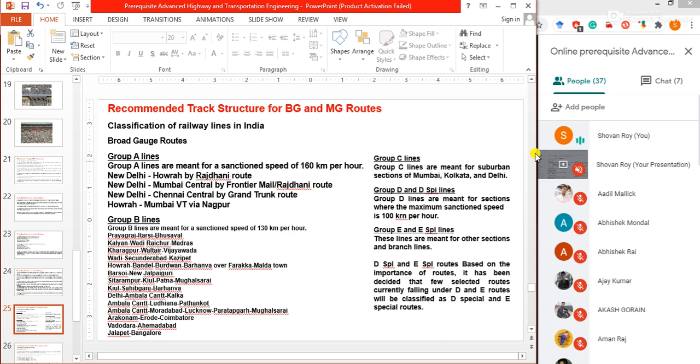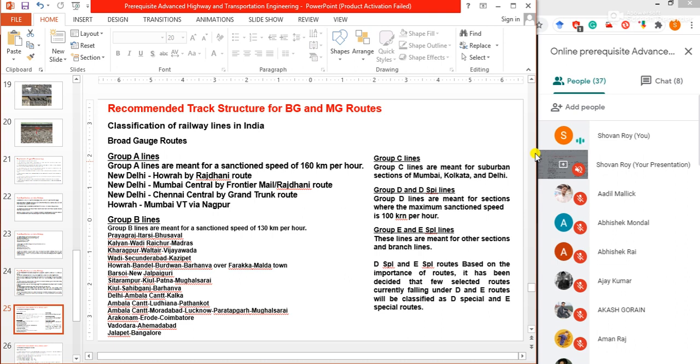Prayagraj, Itarsi, Bhusawal, Kalaburagi, Wadi, Raichur, Madras, Kharagpur, Walter, Vijayawada, Secunderabad, Kazipet, Howrah, Bandel, Bardhaman, Barharwa over Farakka, Malda Town, Barsoi, New Jalpaiguri, Sitarampur, Kiul, Patna, Mughalsarai, Sahibganj, Delhi, Ambala Cantt, Kalka, Ludhiana, Pathankot, Moradabad, Lucknow, Pratapgarh, Arakkonam, Erode, Coimbatore, Vadodara, Ahmedabad, Jolarpettai, Bangalore, and Group C lines.